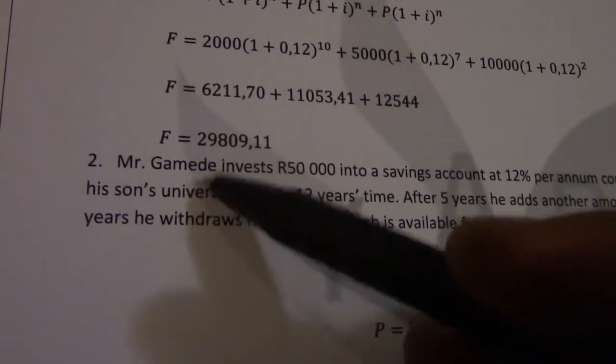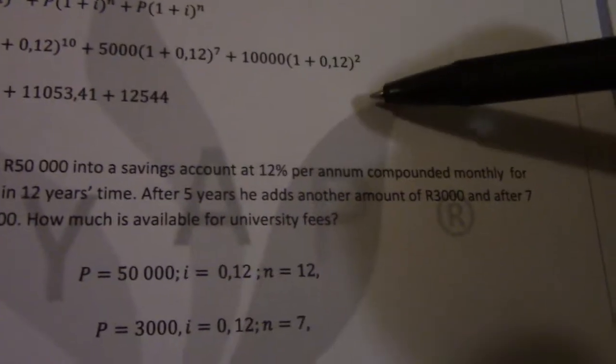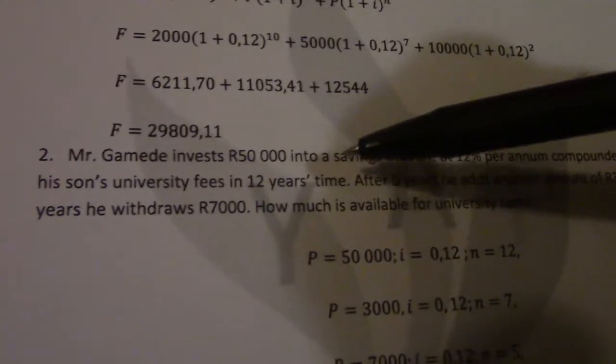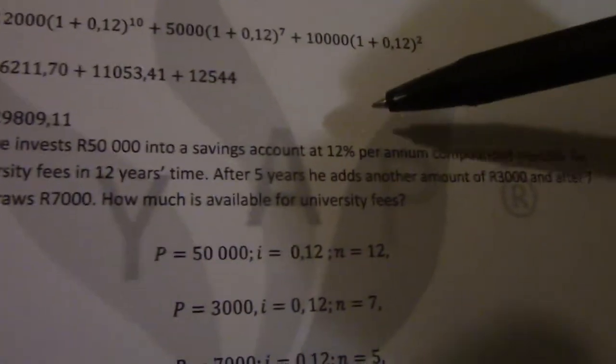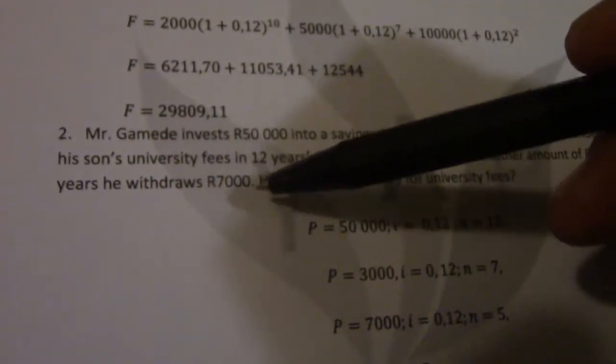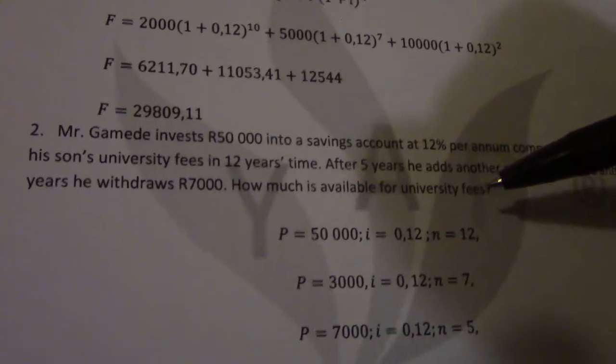Number 2, Mr. Gamere invests 50,000 into a savings account at 12% per annum, compounded monthly, for his son's university fees in 12 years' time. After 5 years, he adds another amount of 3,000, and after 7 years, he withdraws 7,000. How much is available for university fees?